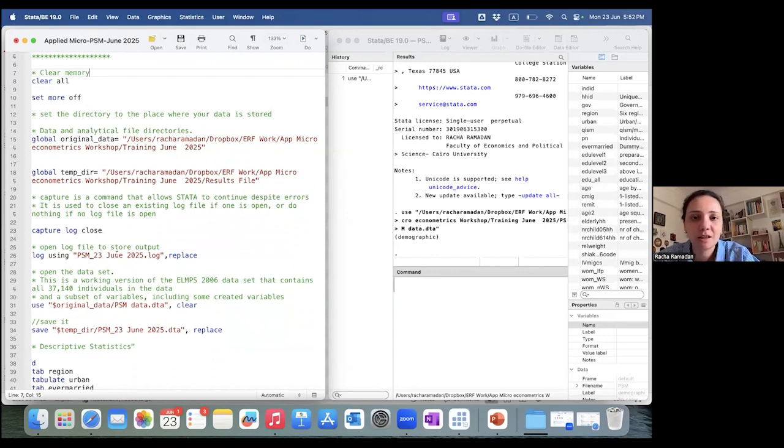It is really important and significant for applied researchers like us. 2006 is one of the rounds of the ELMPS, the Egypt Labor Market Panel Survey, where you have the same individuals followed over years, so you can use it in the diff-in-diff method that we'll use tomorrow.